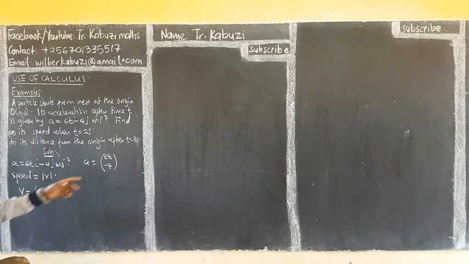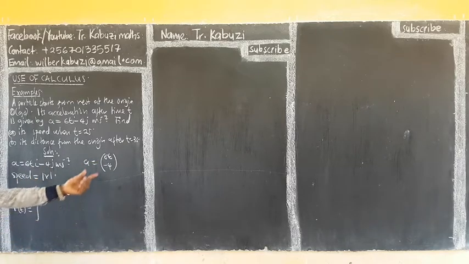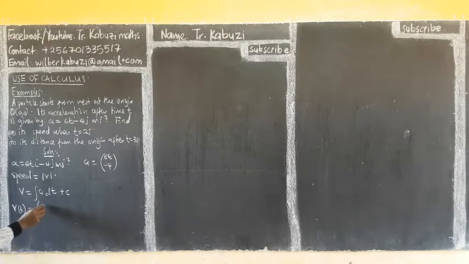This one is very easy to integrate, even if you take it the way it is. So now we are getting the velocity at any time. It's going to be the integral; you can put this, or you can put this. It's up to you.